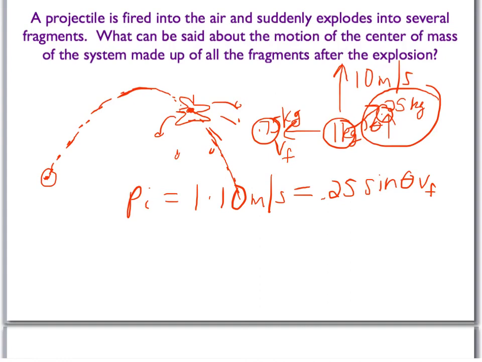Now in the x direction, the initial momentum, so this was the y direction, in the x direction, this thing's initial momentum was 0. None of it was in the x direction. So that means that the total final momentum in the x direction also has to be 0.